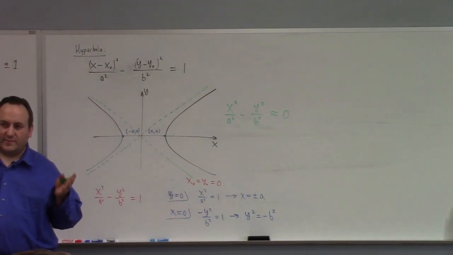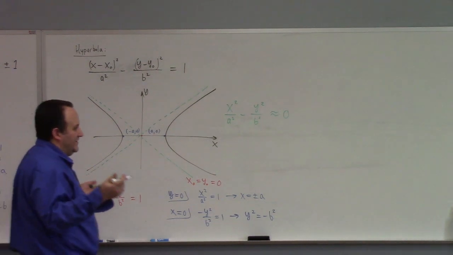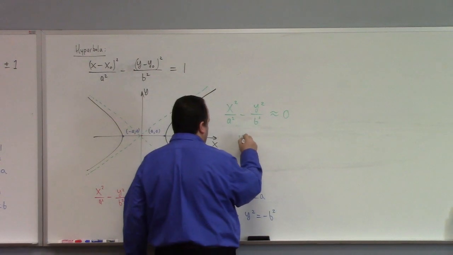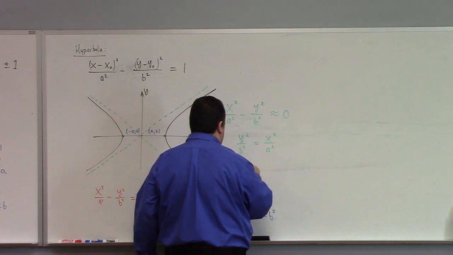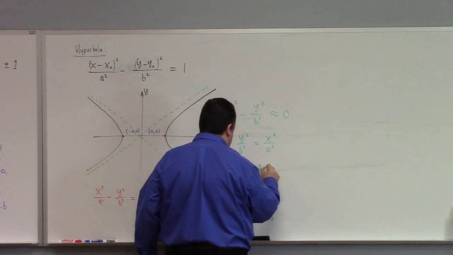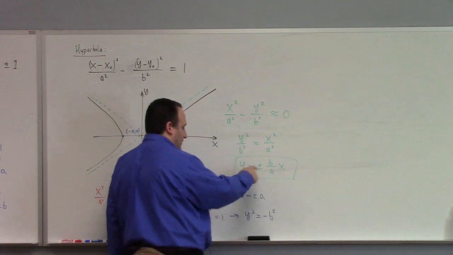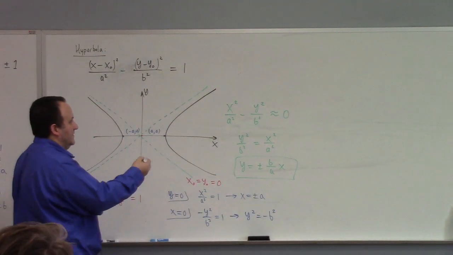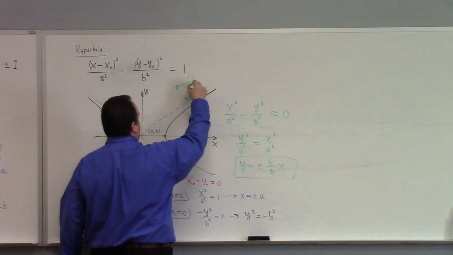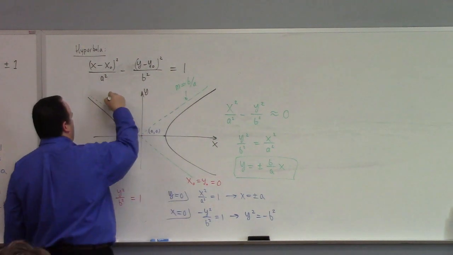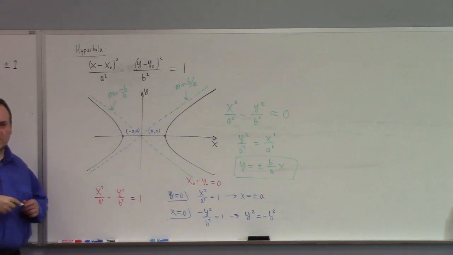If x and y are super big, then essentially that 1 is irrelevant. So to a sloppy approximation, you get y squared over b squared equal to x squared over a squared, which gives you y equal to plus or minus b over a times x. So these are the equations of the asymptotes. This one has slope m equal to b over a. This one has slope m equal to minus b over a, and so those are the asymptotes.